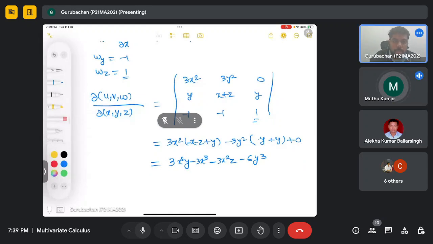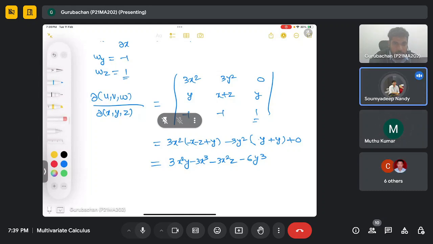Sorry, Muthukumar, can you repeat it? 3x squared into x plus y plus z. Sir, that should be x plus z plus y. Yeah, because of this one here also will change. It will also come x plus z plus y. Right? You were saying this.